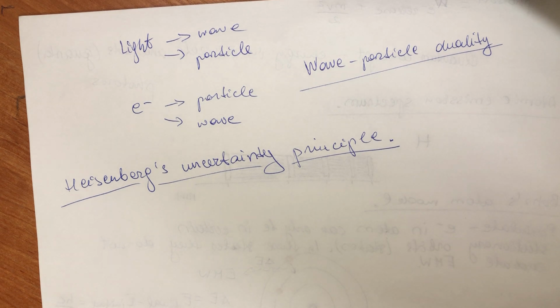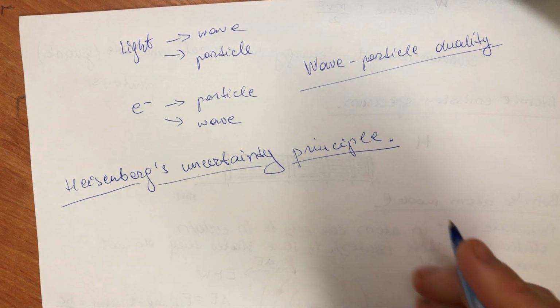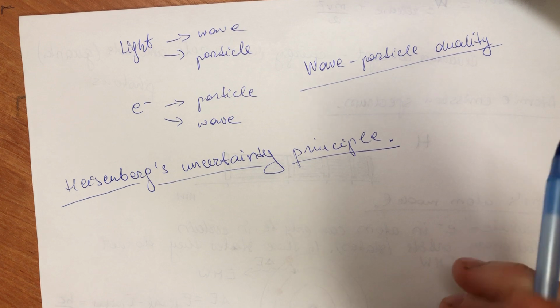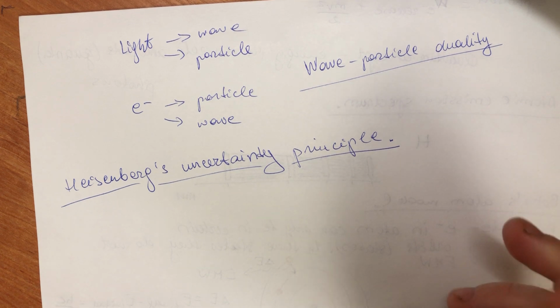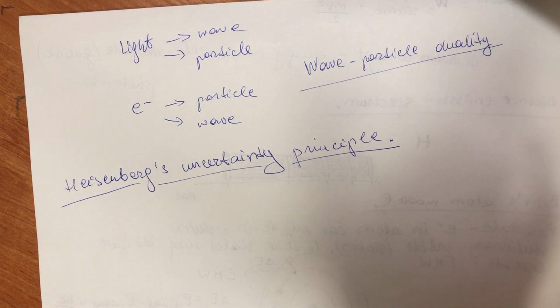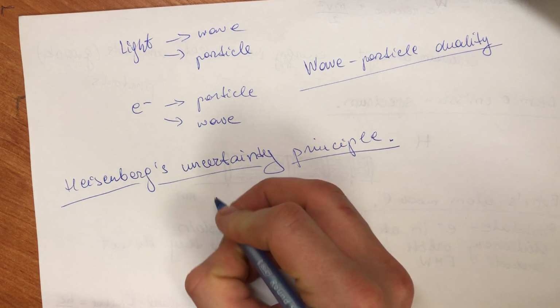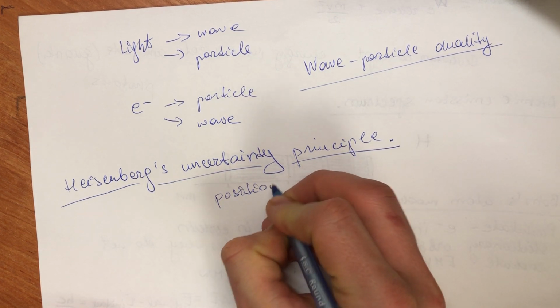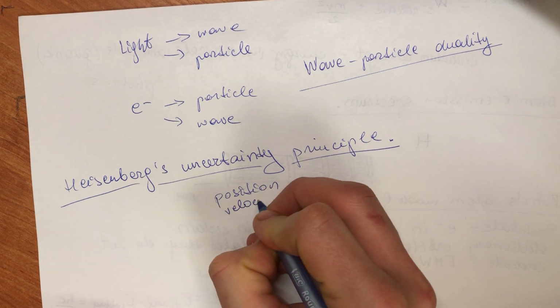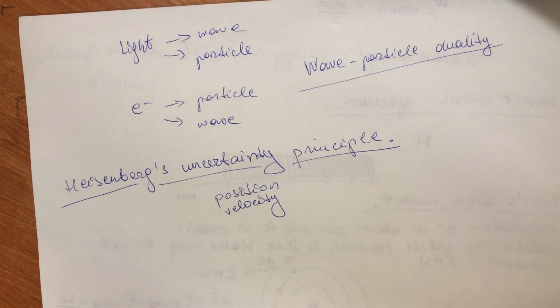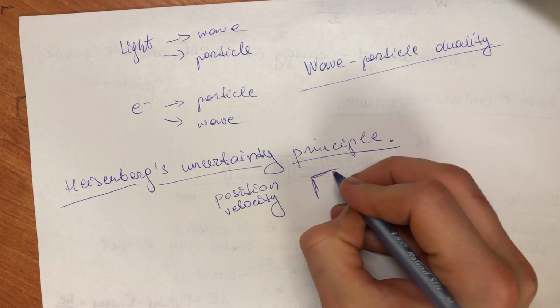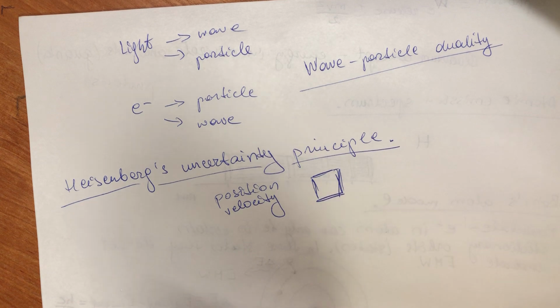In classical physics, position and velocity of an object could be measured simultaneously with as much accuracy as the measuring device allows. So position and velocity we could measure, because we were having big objects, huge objects.